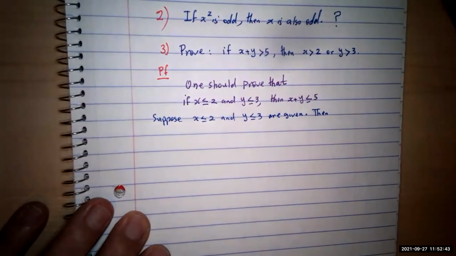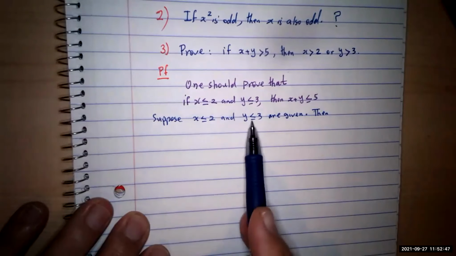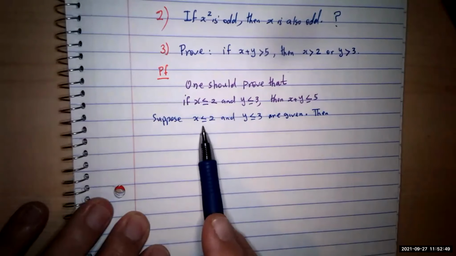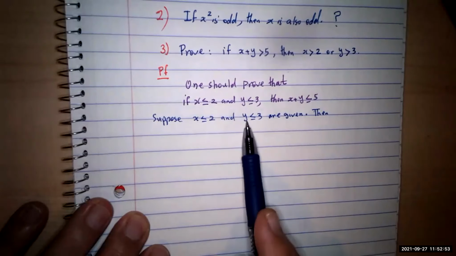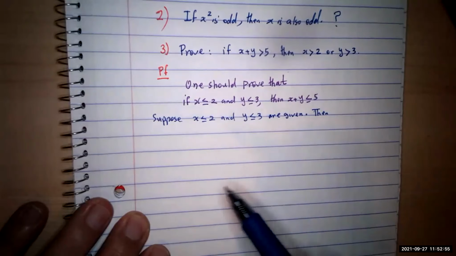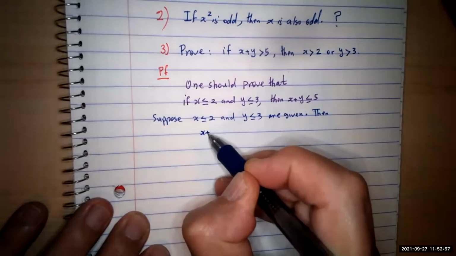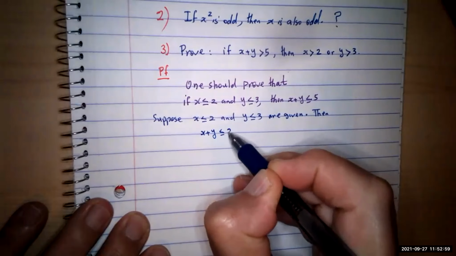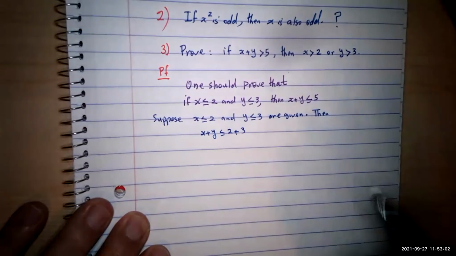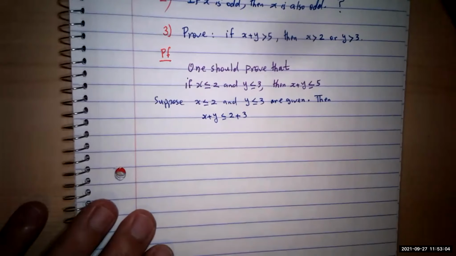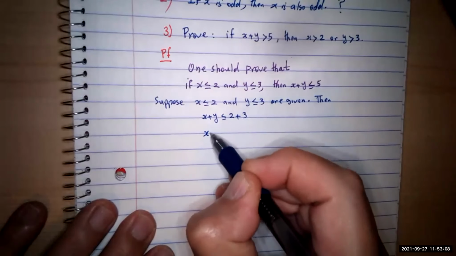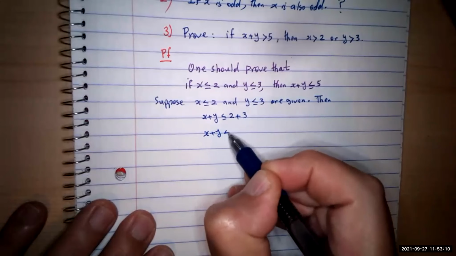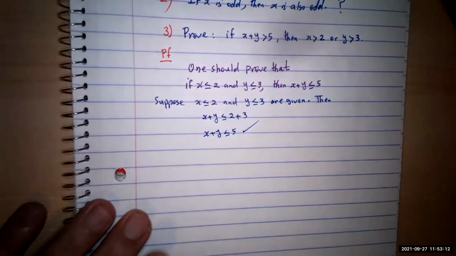The connection is addition. So we are going to use some facts from algebra or arithmetic. You know that when x is less than or equal to 2 and y is less than or equal to 3, we can add the terms of the inequality. So this means x plus y is going to be less than or equal to 2 plus 3. That's a basic property of inequalities. So this basically means x plus y is less than or equal to 5, and then you're done.